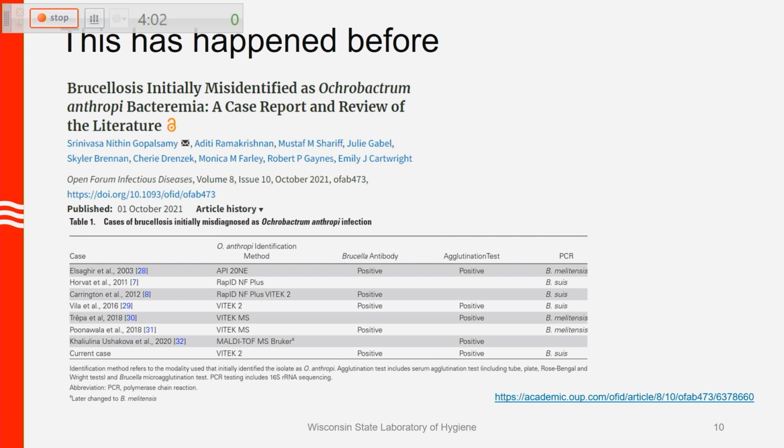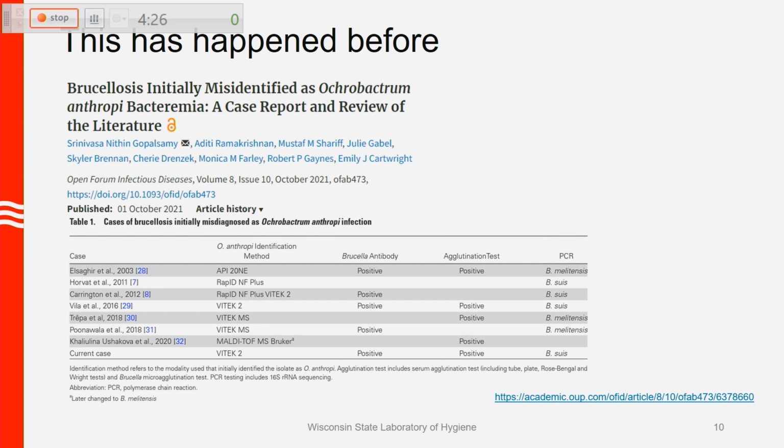This case series I've got here is 8 different published case studies of Brucella melitensis and suis misidentified as Ochrobactrum, from a wide variety, I'm not sure how well you can see that, a wide variety of different identification methods here as well. And these are just the ones that were published and the ones that were caught.